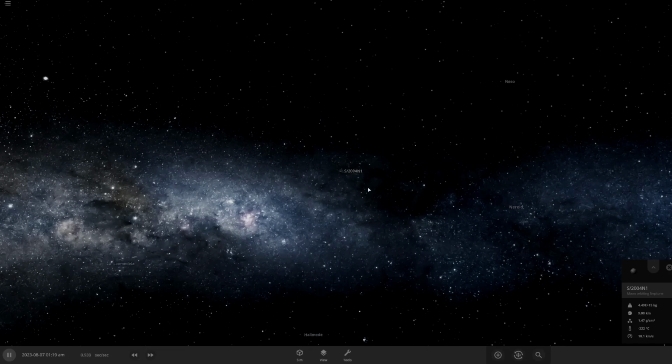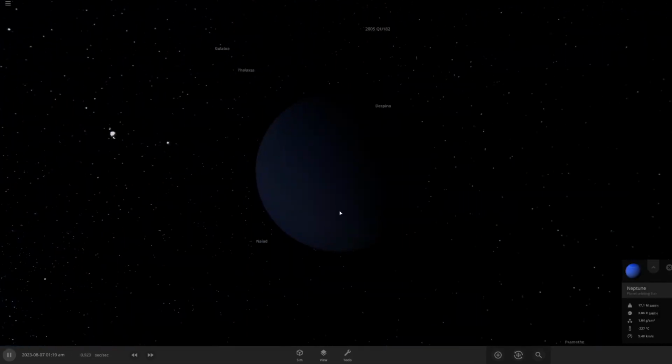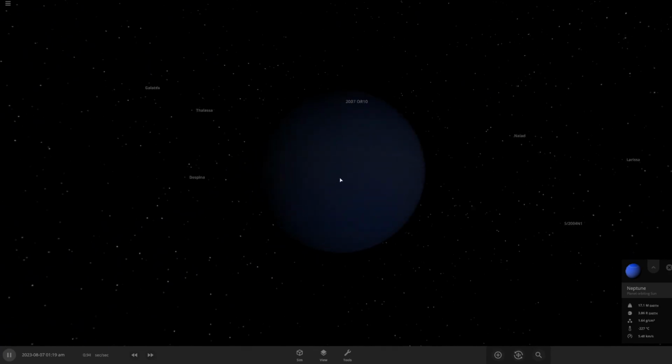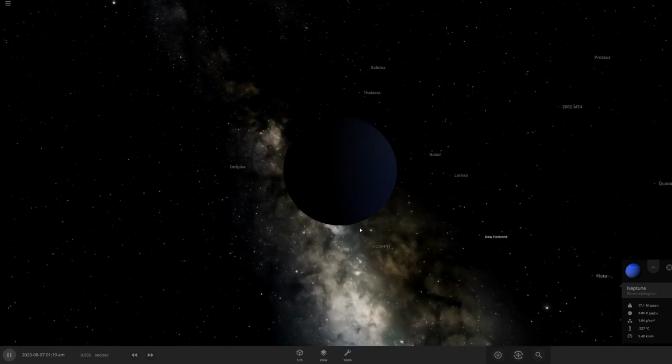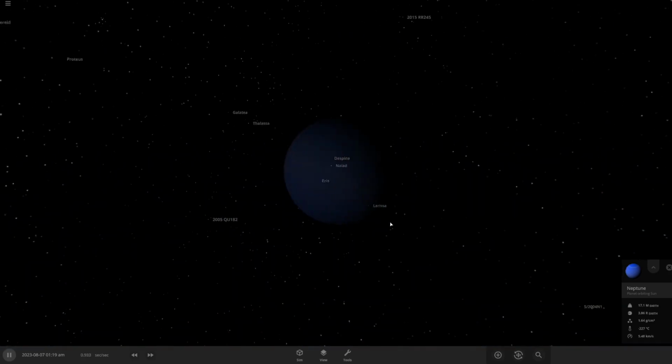The farthest planet from our sun is also made of hydrogen and helium and methane like Uranus to give it its color.